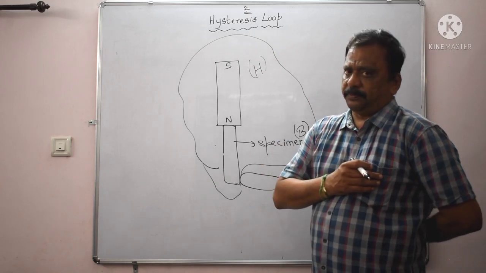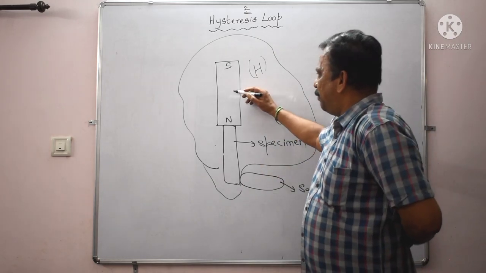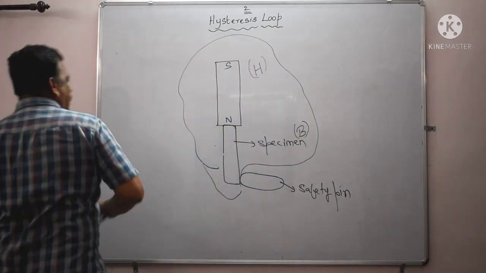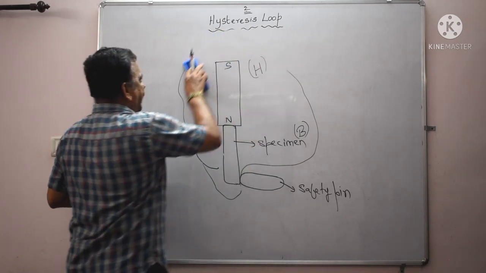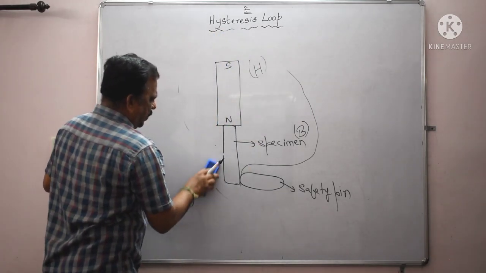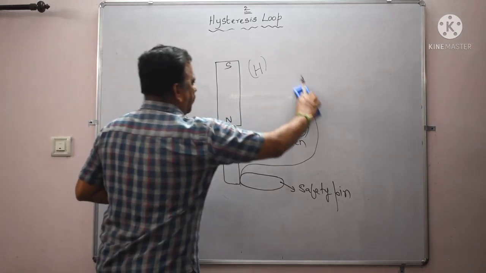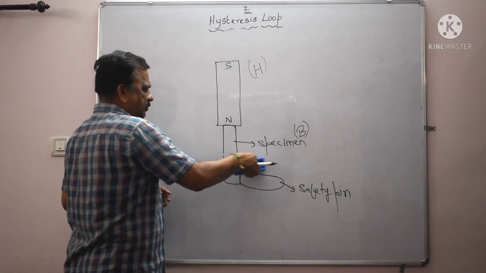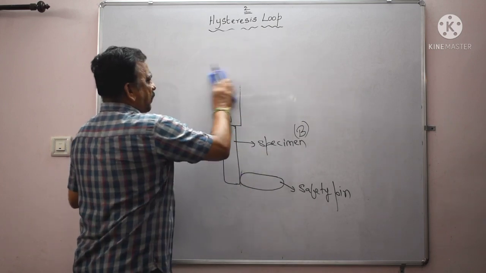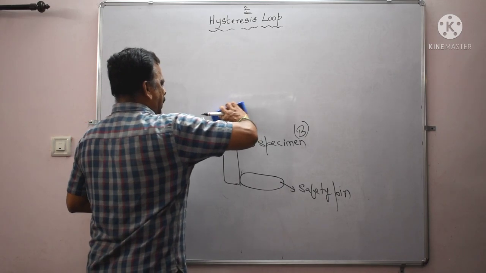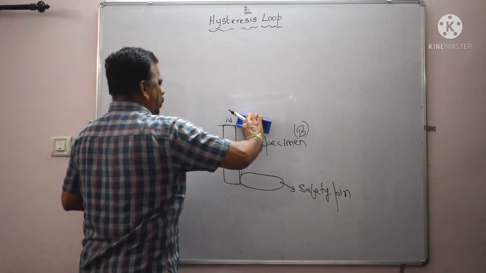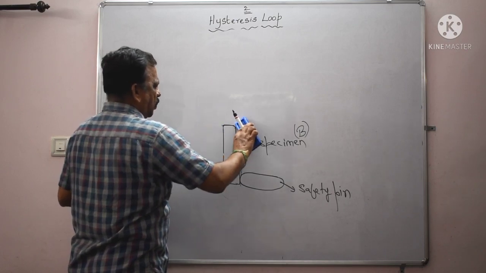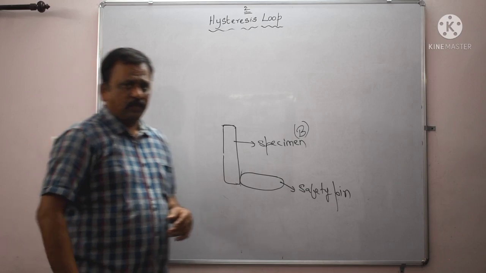Now what I am going to do is remove the bar magnet from the specimen. I am going to carefully remove the bar magnet from the specimen, take it away. Once I remove the bar magnet from the vicinity of the specimen, I am removing the magnetizing field which was responsible for the magnetization of the specimen.